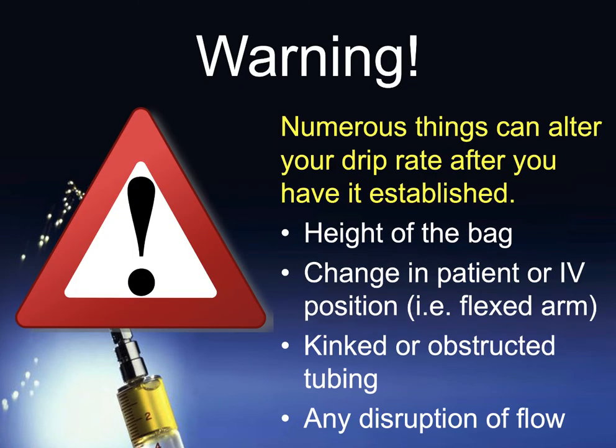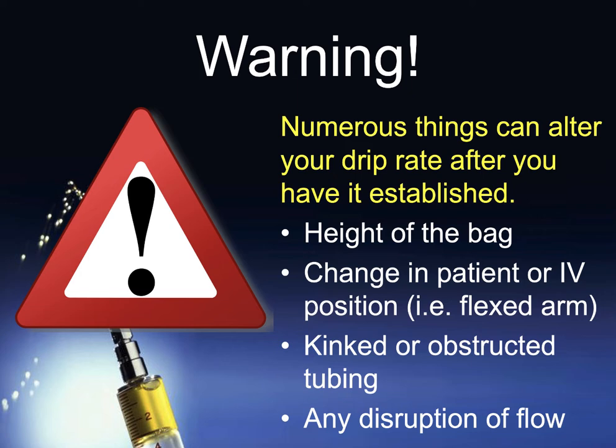However, got to be aware that a lot of things can change the drip rate after you have it established. If you change the height of the bag, it changes the amount of pressure going through that tubing. If the patient moves their arm, flexes their wrist, anything like that can change how quickly the fluid is running in after you got it adjusted to what you thought was an appropriate rate.